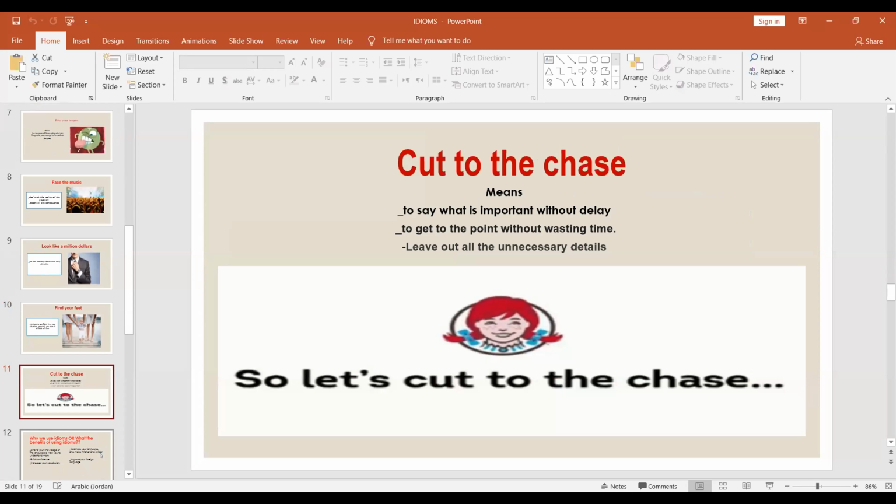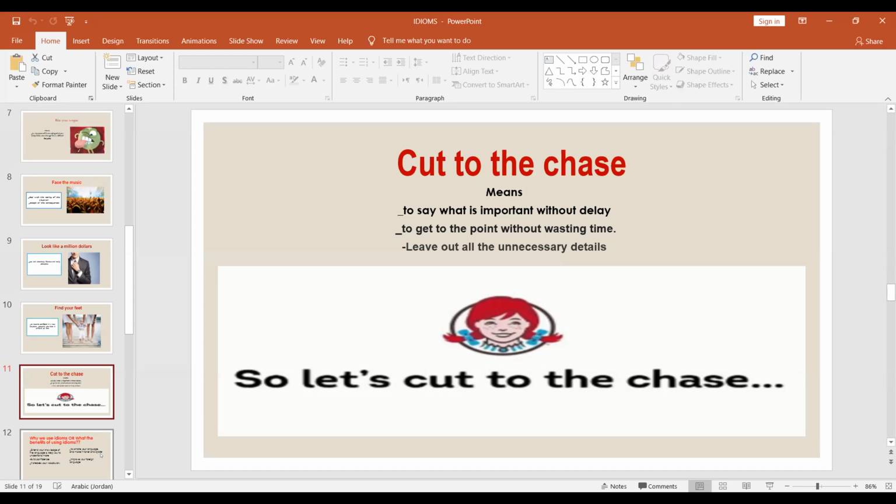Cut to the chase. When somebody tells you to cut to the chase, it means that you have been talking too long and haven't gotten to the point. Let's cut to the chase. So don't talk about unnecessary things, unnecessary details. Be straightforward.